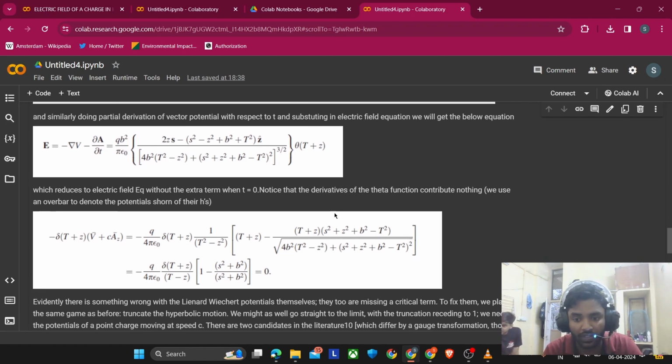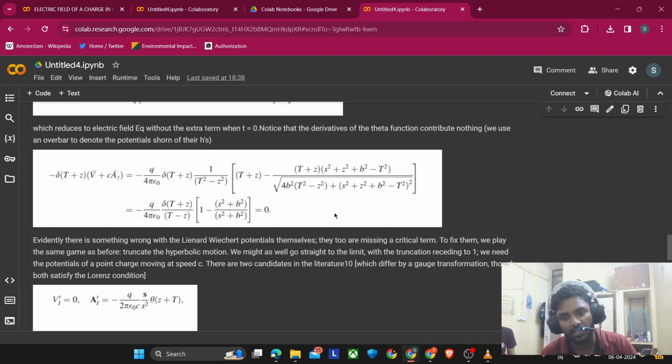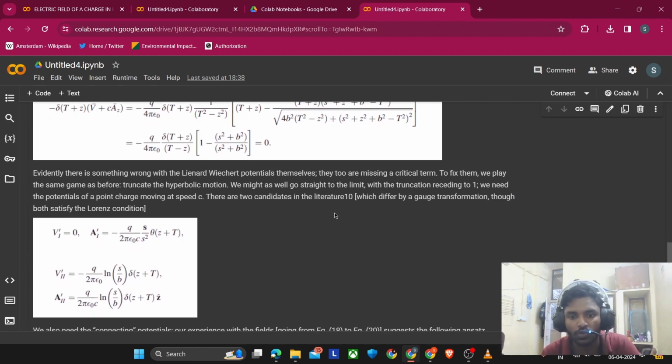In order to fix that, we truncate the hyperbolic motion, with the truncation receding to minus infinity, with a point charge moving at the speed.